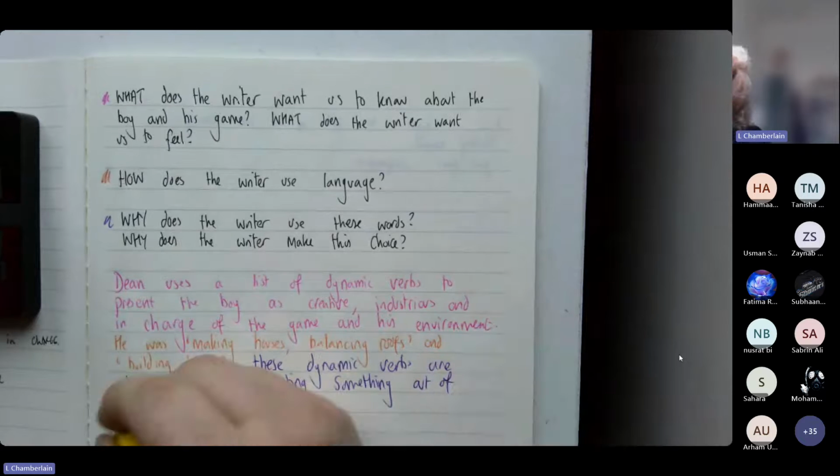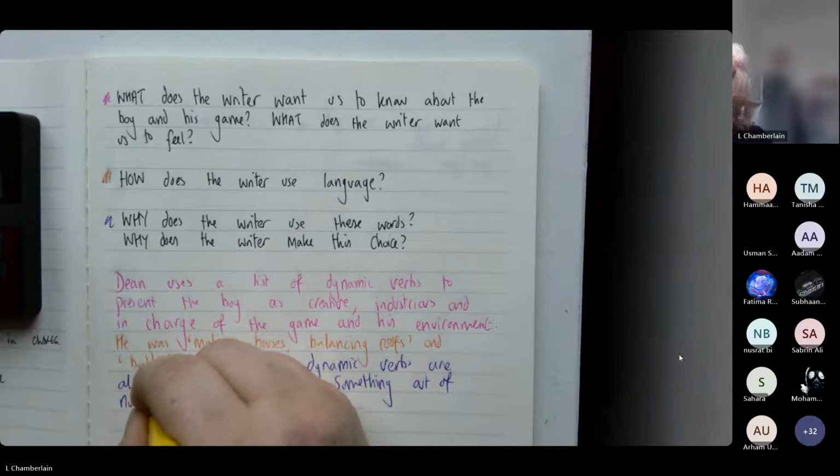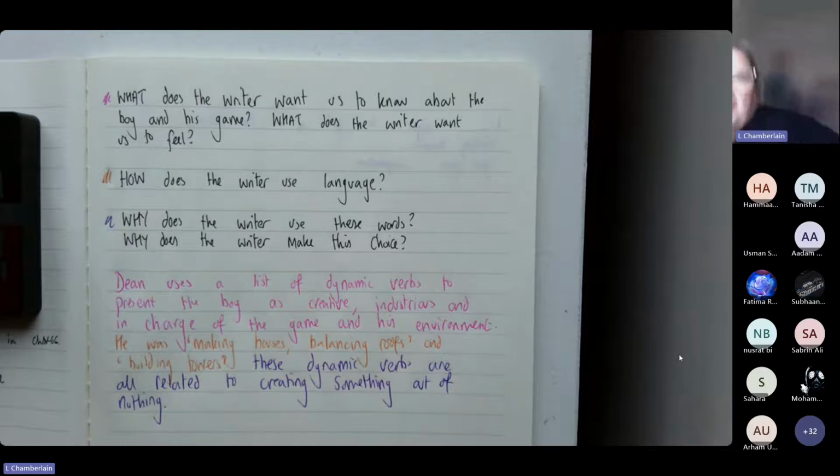out of nothing. Okay, now I could leave it there, but that's not going to get me very far in my analysis. I need to be able to say more. So these dynamic verbs are all related to creating something out of nothing.